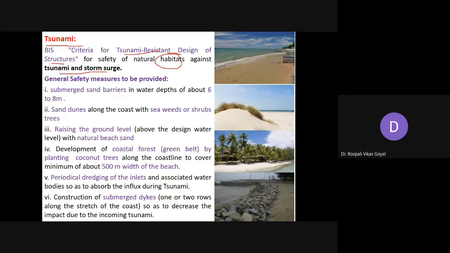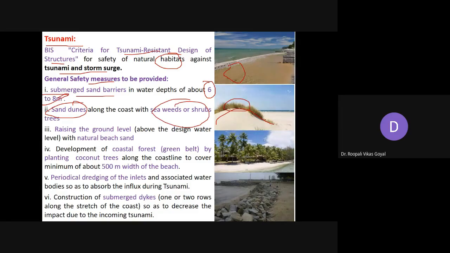As far as design considerations are concerned, the general safety measures to be provided are: first, submerged sand barriers in water depth up to about 6 to 8 meters. Then you can also provide sand dunes along with seaweeds or shrubs and small trees.